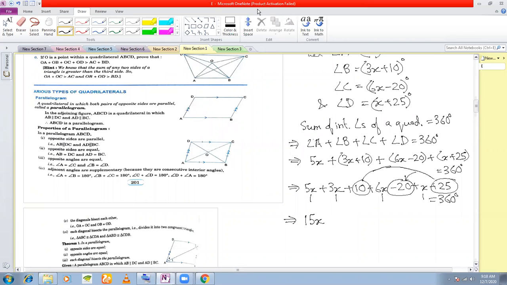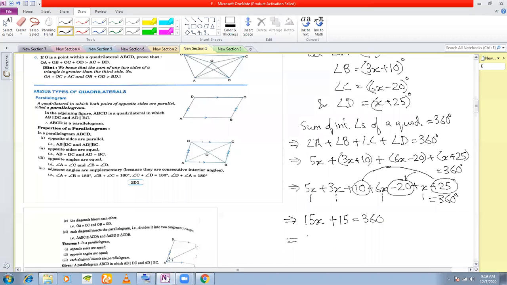Sir, because there is a minus sign with 20. Wrong. Anyone? This is class 5 board math rule. We are following the board math rule. Exactly. So 35 plus minus 20 is 15. So you get plus 15 is equal to 360.